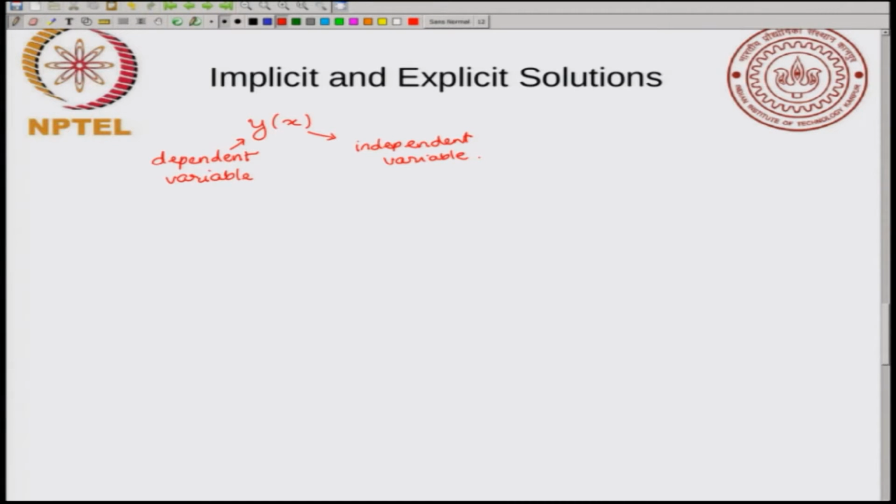And let us say my differential equation is f of x, y, y prime equal to 0, where y prime equal to dy by dx, okay. So, this was one of the ways we could write the differential equation. So, this is the differential equation that we consider, okay.